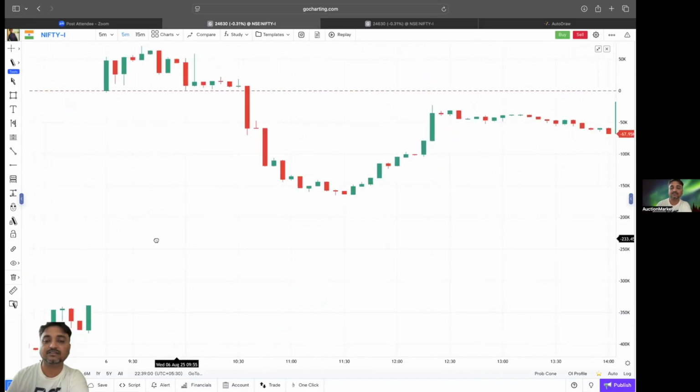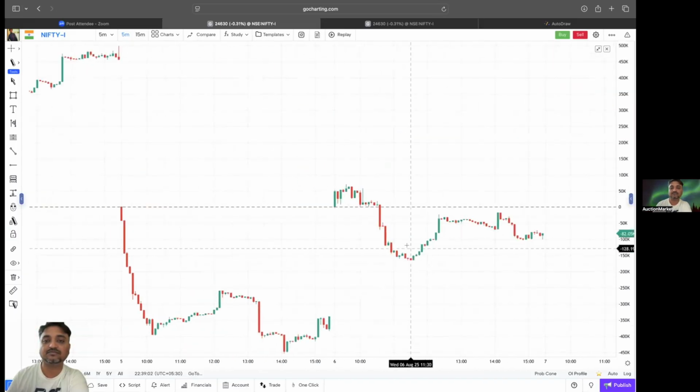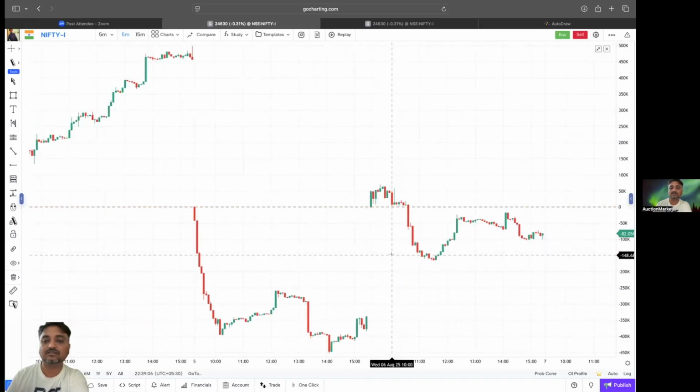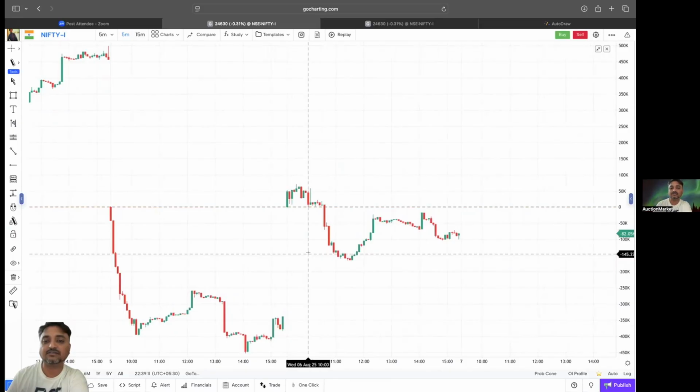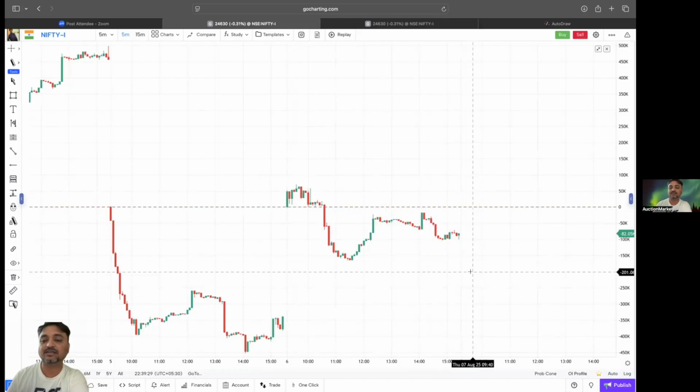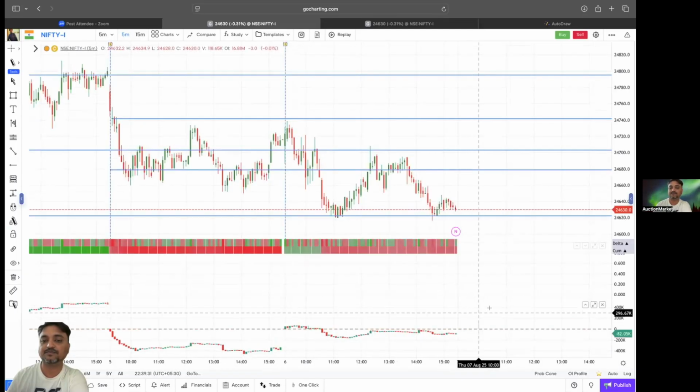You can just move it out for you. This helps you understand your price action in a much better and more efficient way. So this is the initial line, the 0 line. Above this we always consider the price to be positive. Below this we always consider the price to be negative. This I'll explain in upcoming videos.